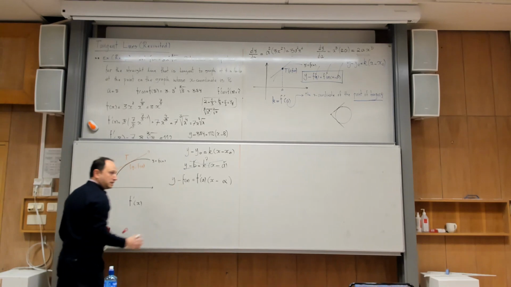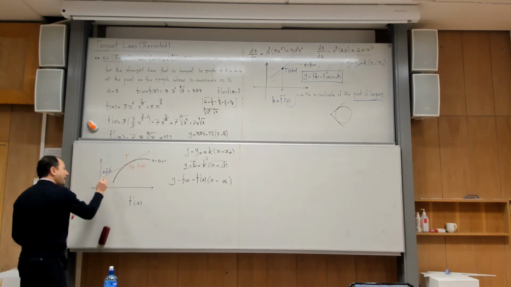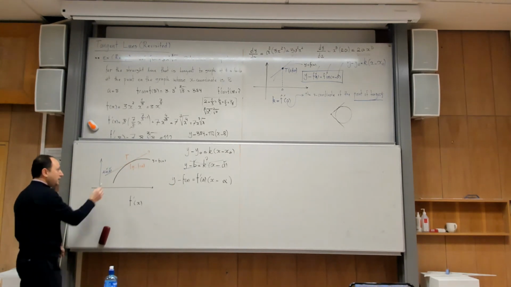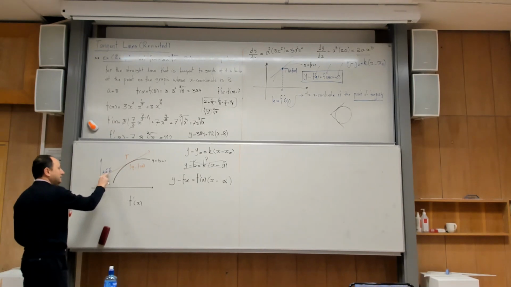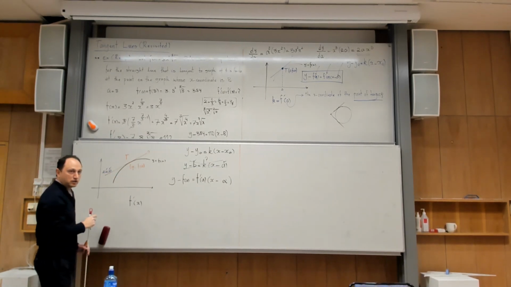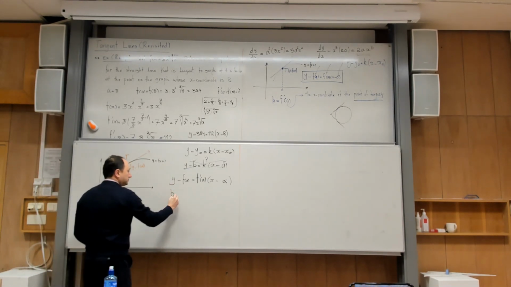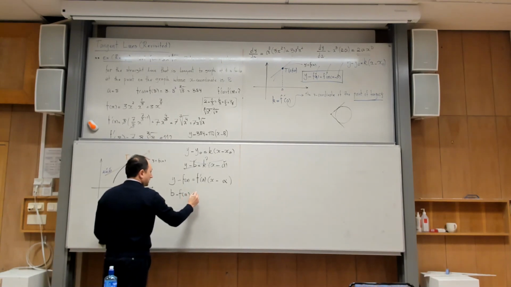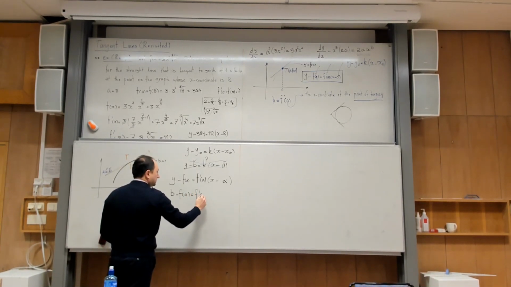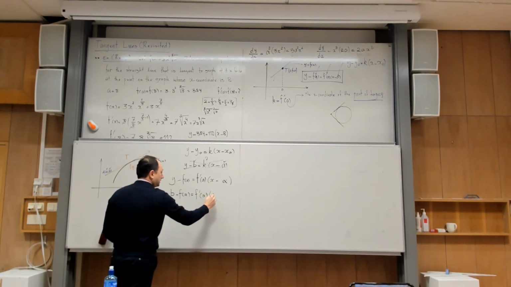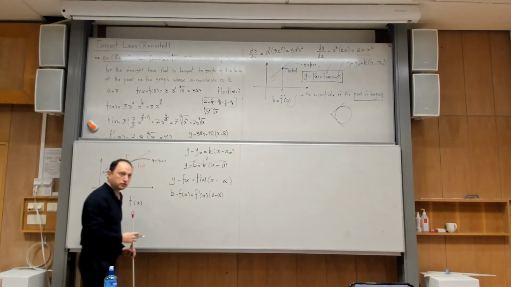This line is also passing through this point, which means the coordinates of this point should satisfy the equation of the line. So if you replace y with b and x with a, this should hold.